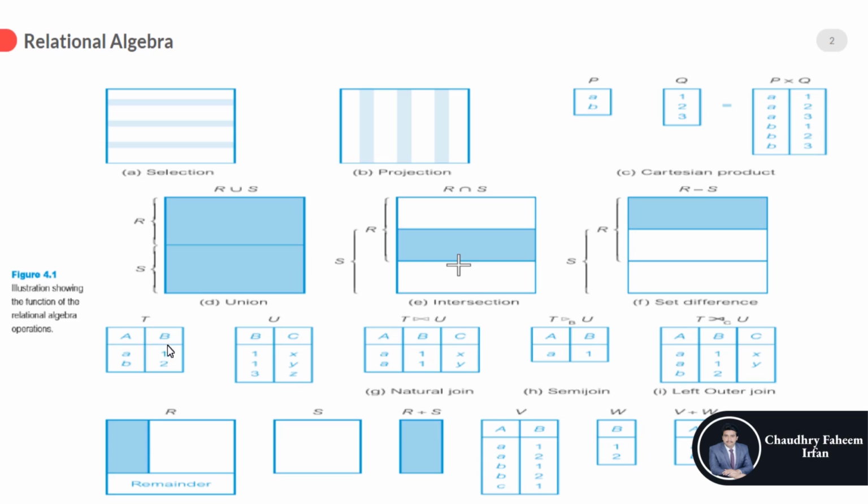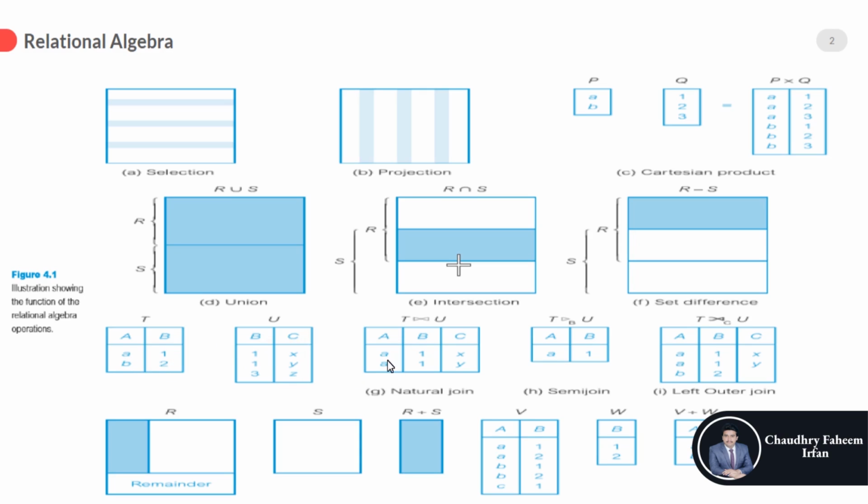So T has one attribute, that is B, and U also has an attribute that is B. So B is the same attribute in both tables. So by using B we can combine, we can join these two tables.